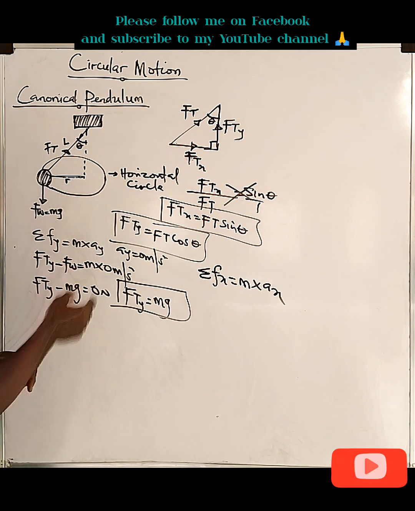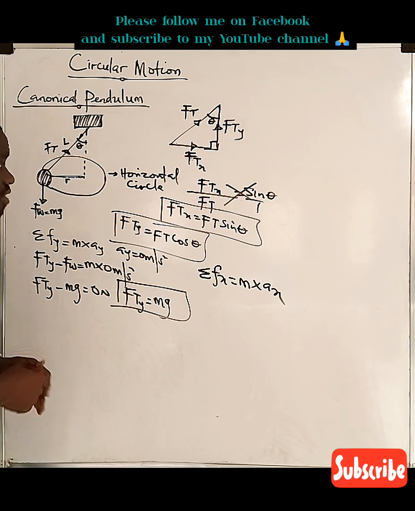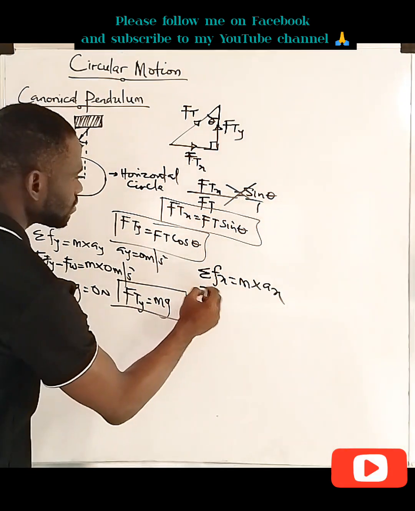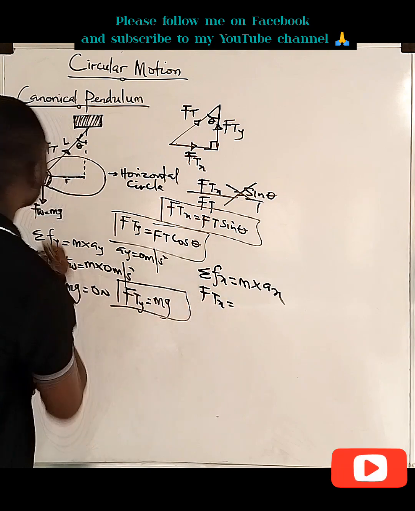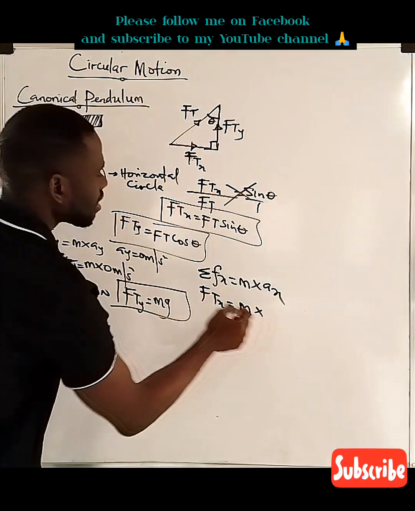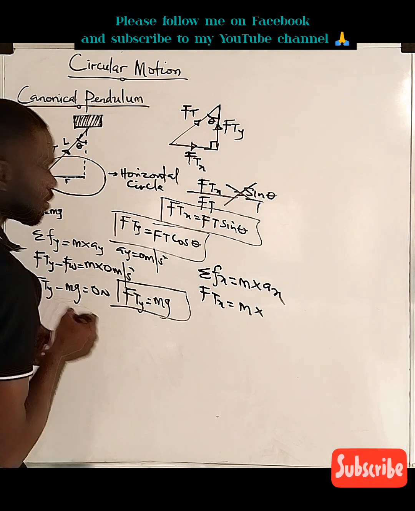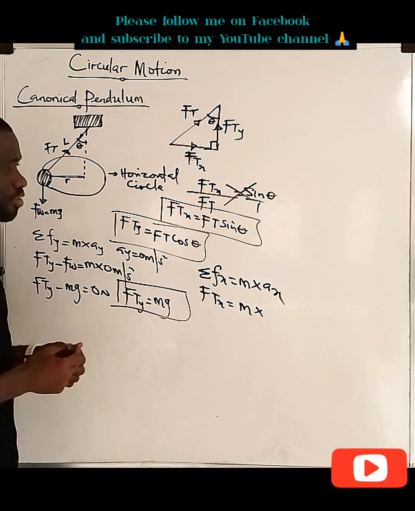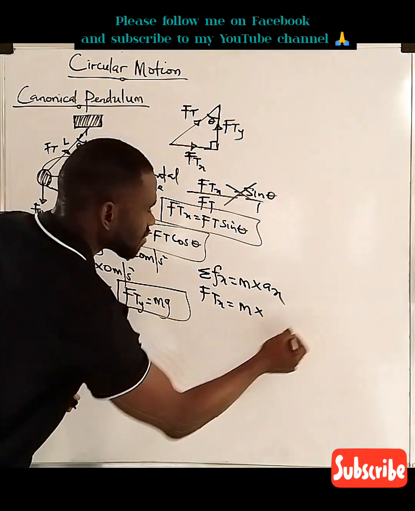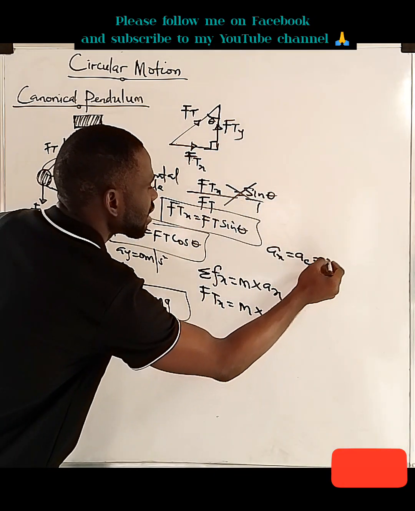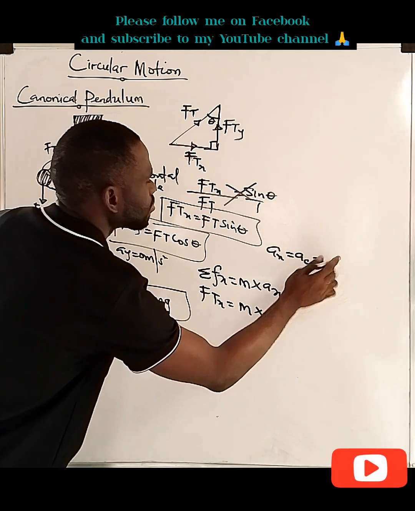So the sum of forces will be the tensional force along the x-axis, equals mass times acceleration along the x-axis. Don't forget, acceleration along the x-axis is centripetal acceleration. In our previous class, we used alpha to represent it.